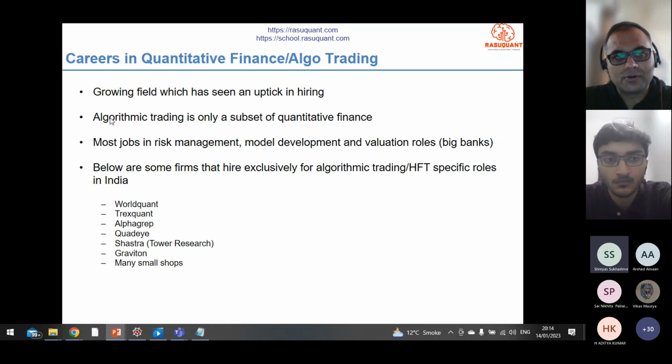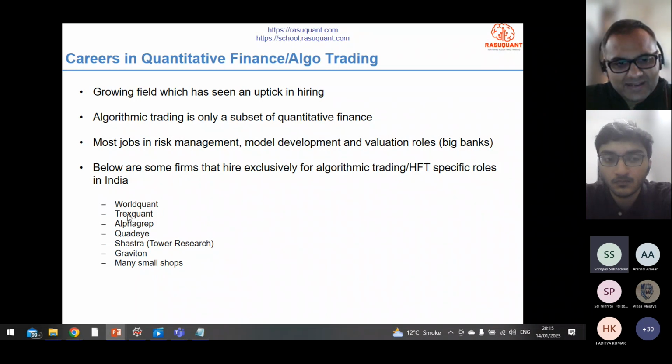I'm going to talk about that now. It's a very growing field, which has a lot of open roles. Even in India, you have a lot of firms. There are different kinds of roles in quantitative finance and algo trading. The big banks hire for derivative pricing, modeling and forecasting kind of roles. But there are a lot of actual HFT firms that hire computer scientists or engineers, for example WorldQuant, TrexQuant.